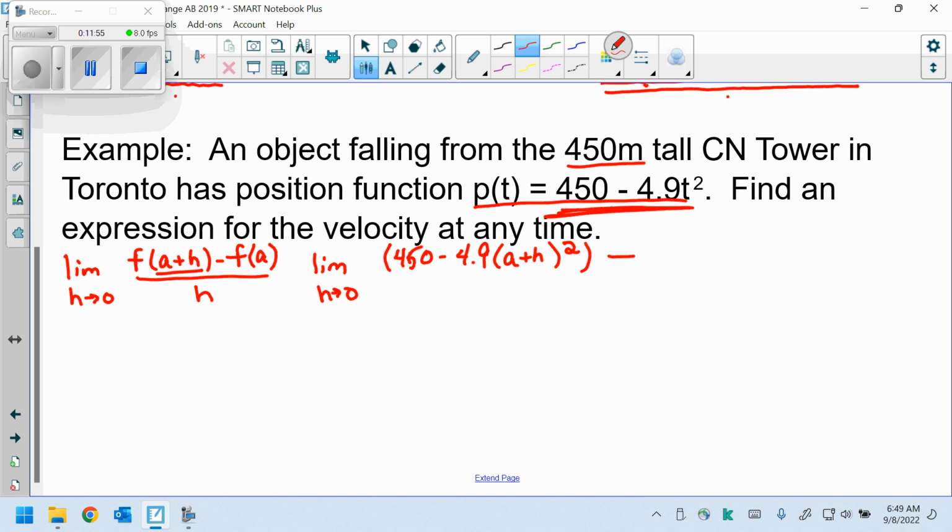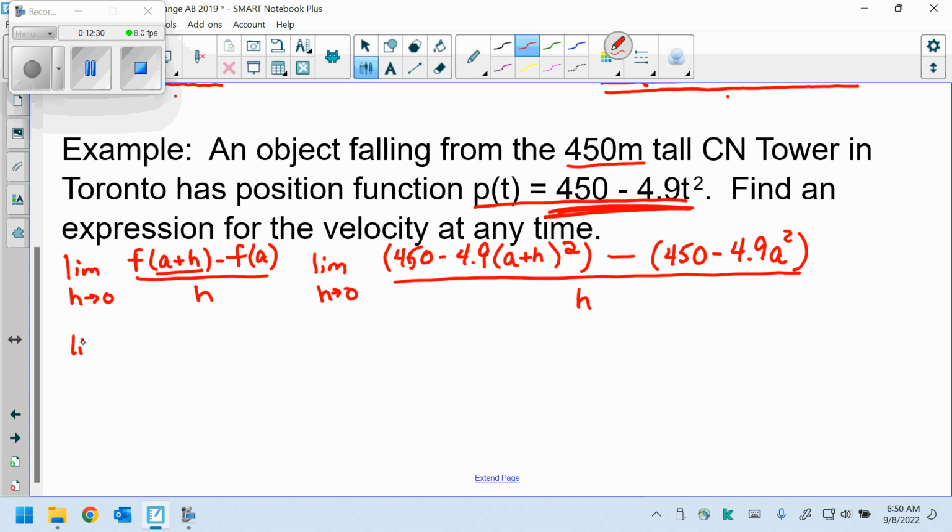So if I put an a into here, 450 minus 4.9 a being squared. And I got to put that in parentheses. Got to remember to subtract the whole thing and divide by h. Well, if you think that's a pain, now let's expand this thing. This is the most painful of the steps.